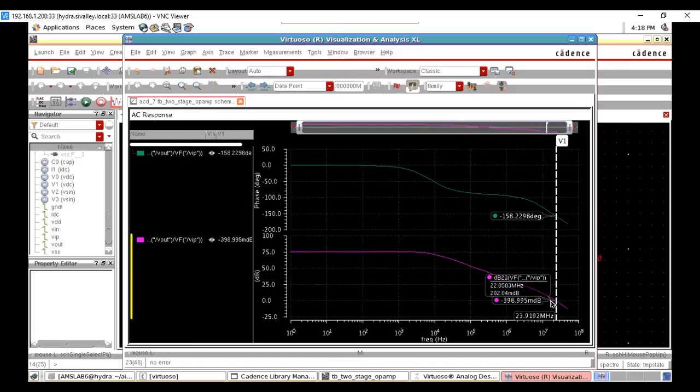So it is how much now? 158 degrees. So 180 minus 158 will be how much? It's 22 degrees, right? Still 22. 180 minus 160 will be 20, only 22 I'm still getting.